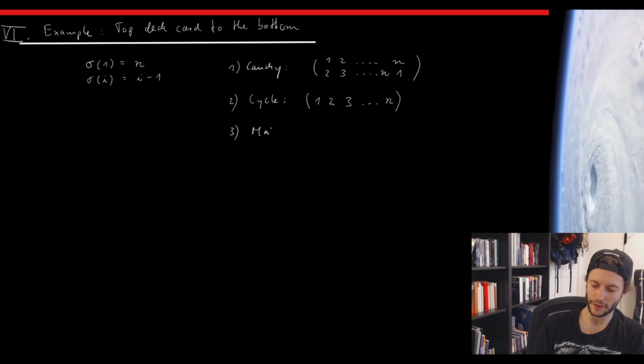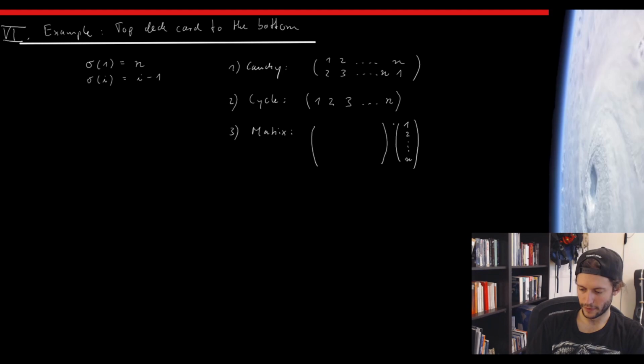Finally, the matrix. We're multiplying the matrix with the vector 1, 2, and so on until n. Let's say, what do we want to have here?